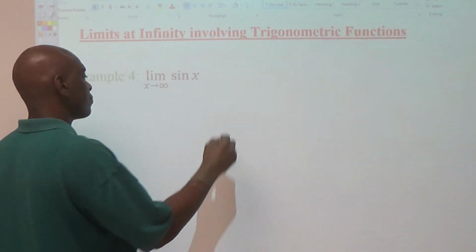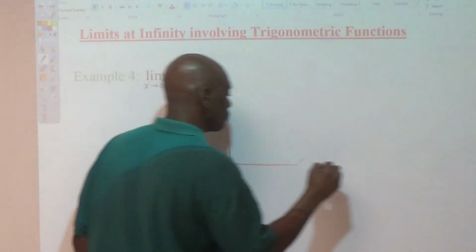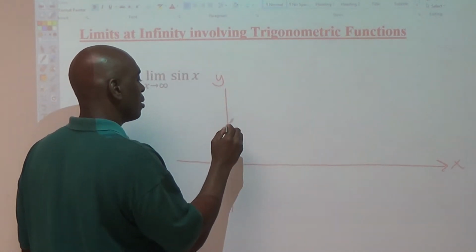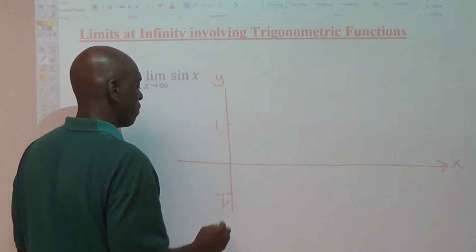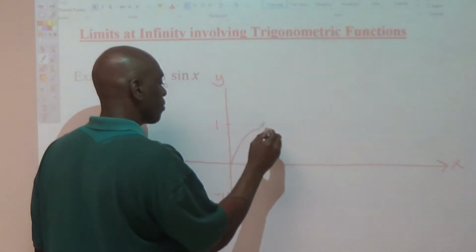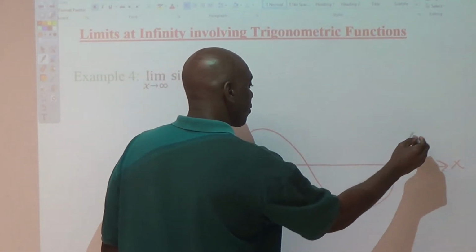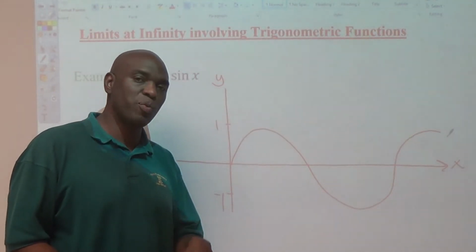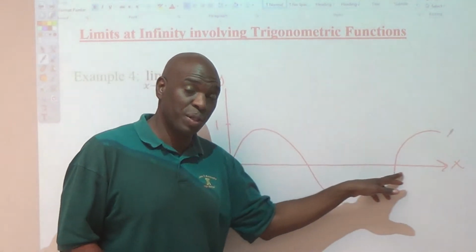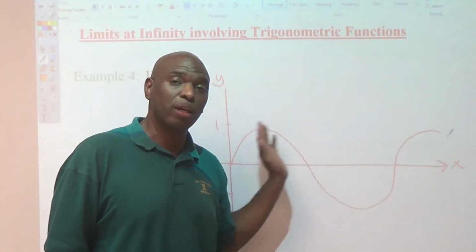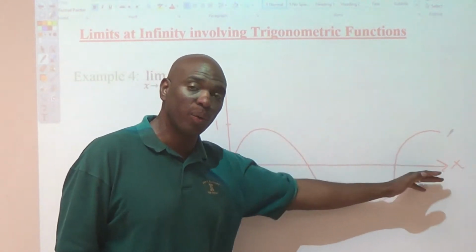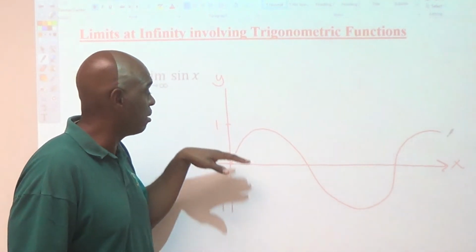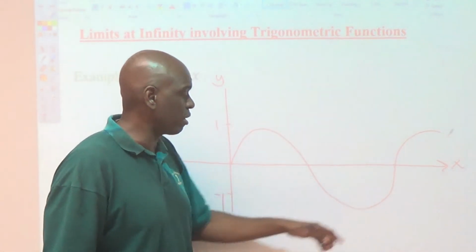Well, let's see. 1, -1, sine wave. Notice that the sine wave, no matter how far we go out along the x-axis, just keeps going and going. Its approach oscillates between 1 and what? -1.